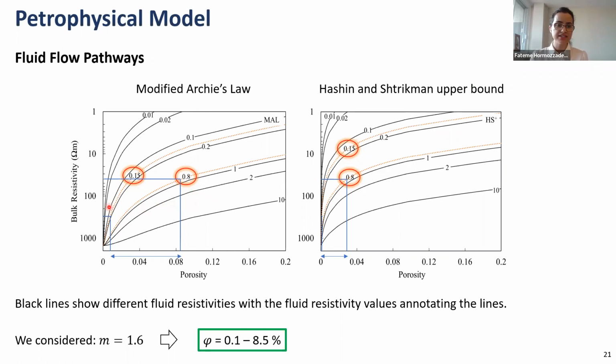So if we consider that zone of higher porosity in the AMT model and consider this range of electrical resistivity for fluid samples, we can see that based on the cementation factor of 1.6, it can go to a porosity of 0.1 to 8.5%.